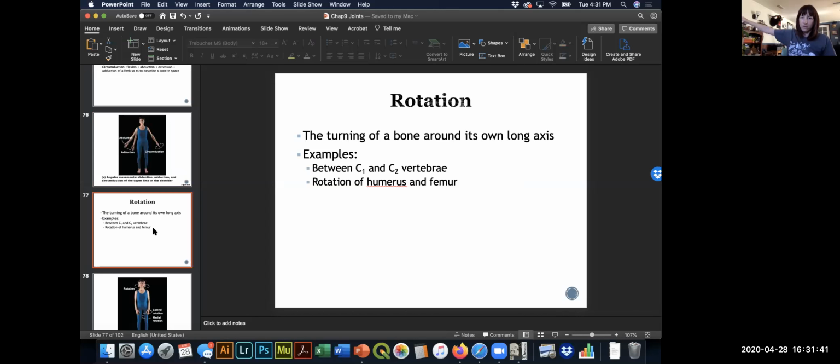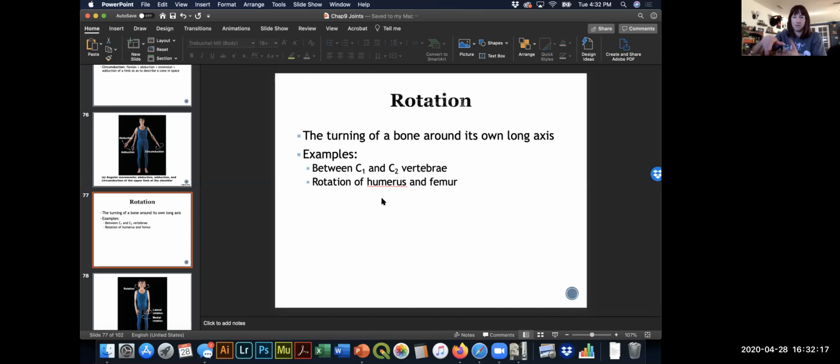Rotation is rotating the bone in its socket in one plane, right? Along one axis, along its own long axis. So your atlantoaxial joint, the axis and atlas, the dens of the axis allows you to do rotation of the skull, right? And then you can also rotate your humerus, like I was doing before. You can do the same thing with your femur, rotating it back and forth.